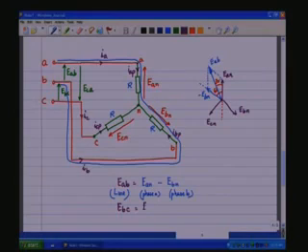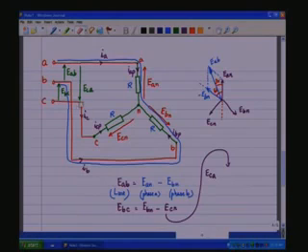Likewise, for ECA we are considering this loop as shown by the cursor.